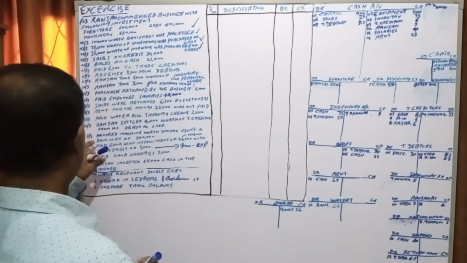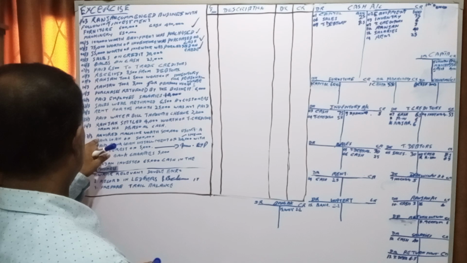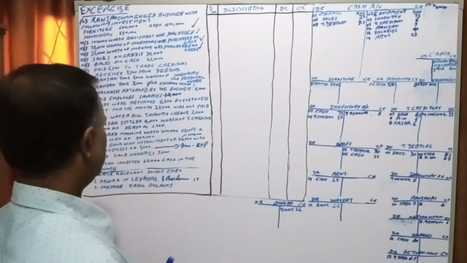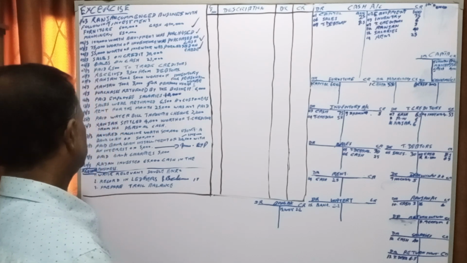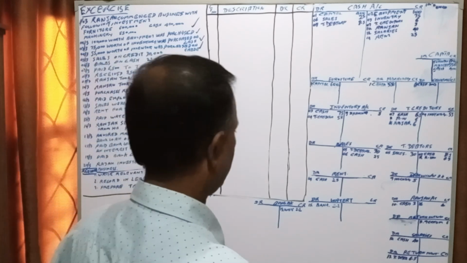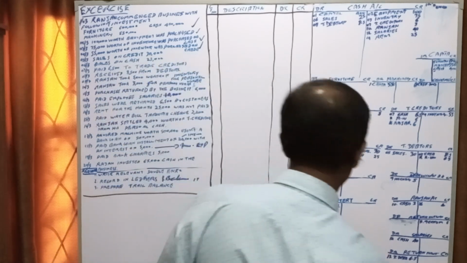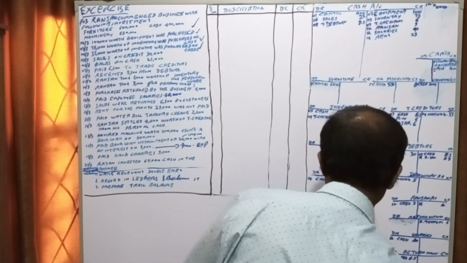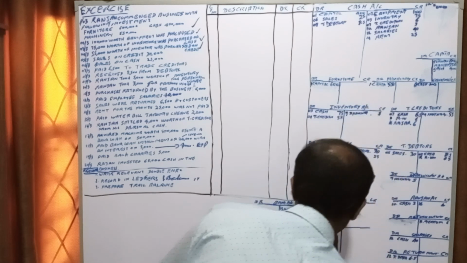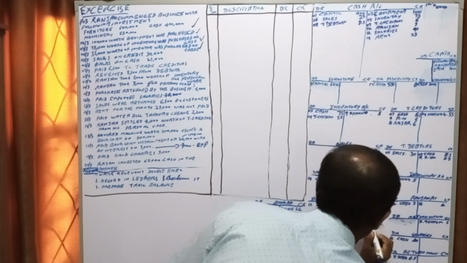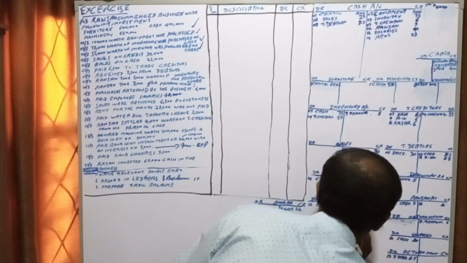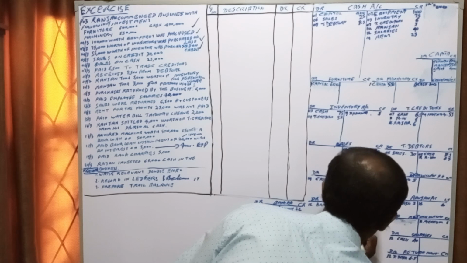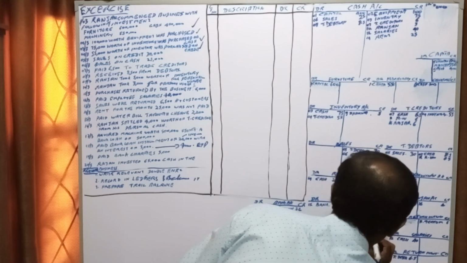On 17th of March, 500,000 worth of machinery arrived. It was purchased using a bank loan. We had to open a bank loan account, $500,000, right?